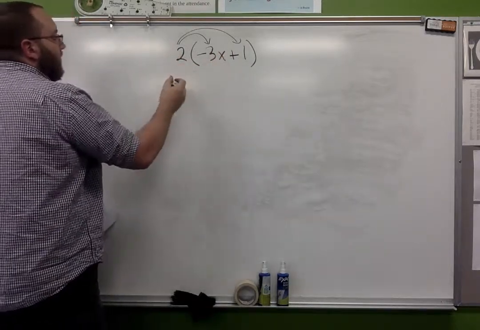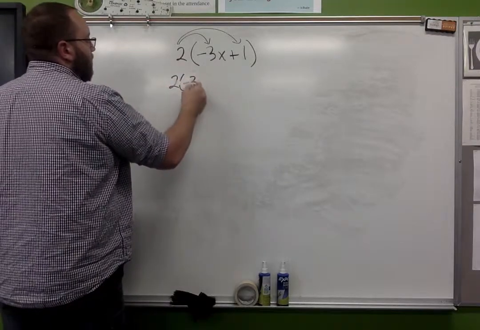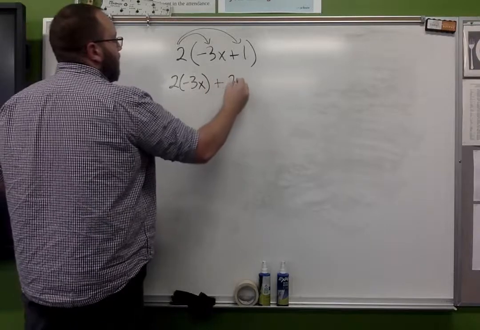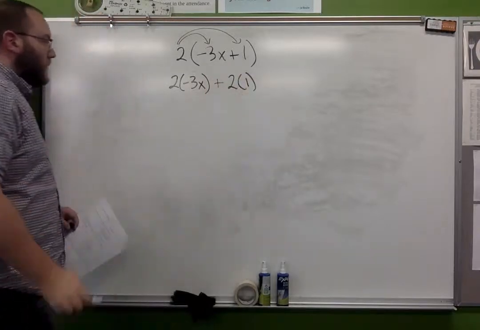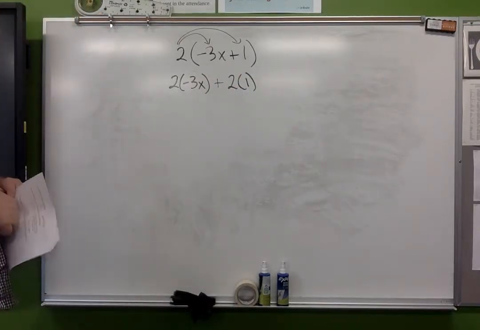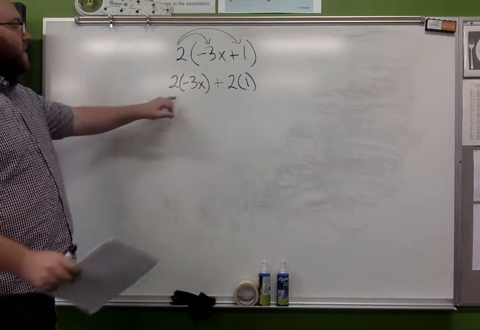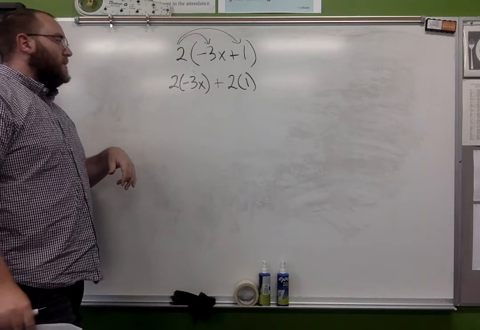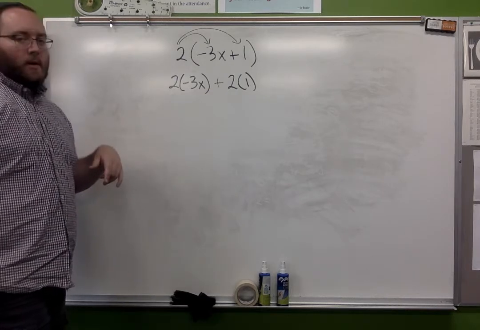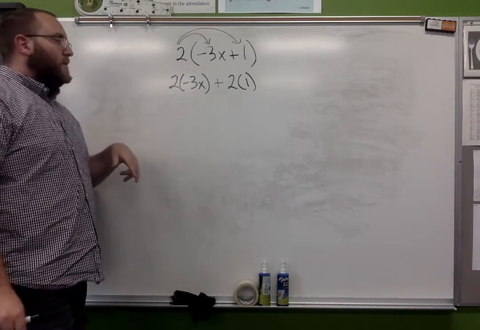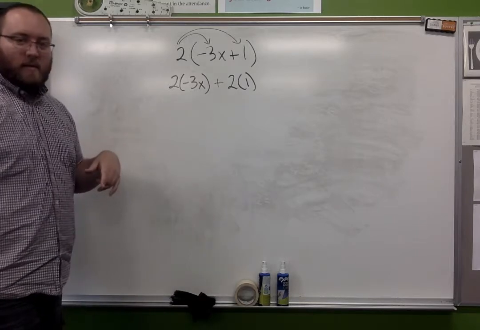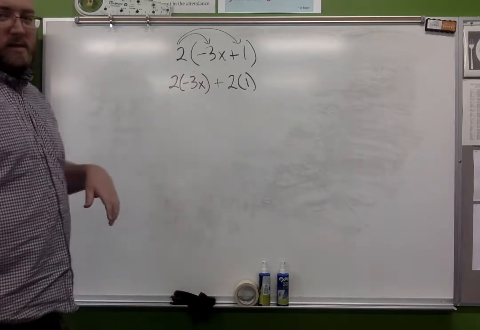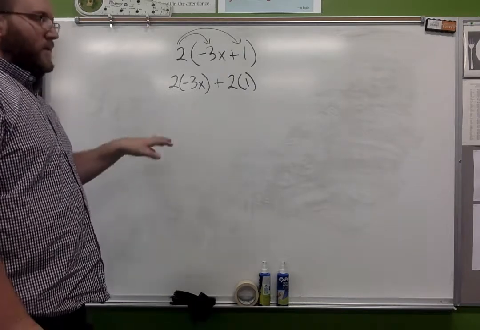So 2 times negative 3x, and 2 times 1. Now 2 times negative 3x, remember this is all multiplication. Multiplication has the commutative property. If you don't remember that or your teachers didn't teach you, I'm sorry that they stole from your education, because usually they don't teach it, or it's very, very brief.